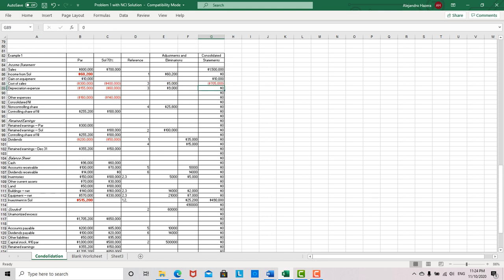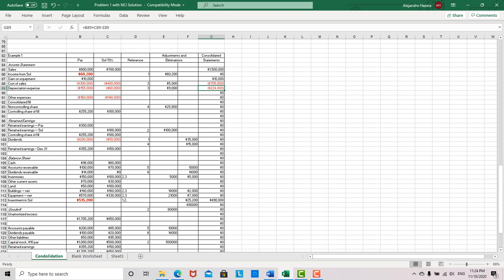Good. Your depreciation expense will be the same thing, equal to negative 155 plus negative 50. Keep in mind these are expenses. Minus 9,000. That should equal 224,000. That looks correct.